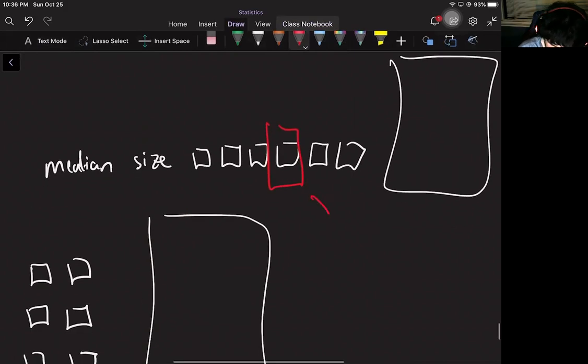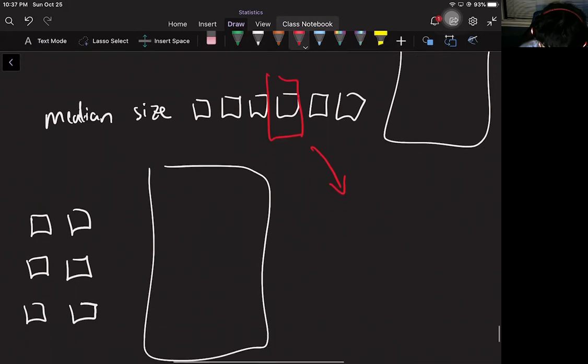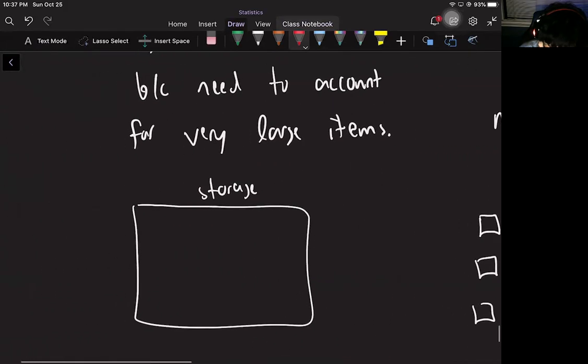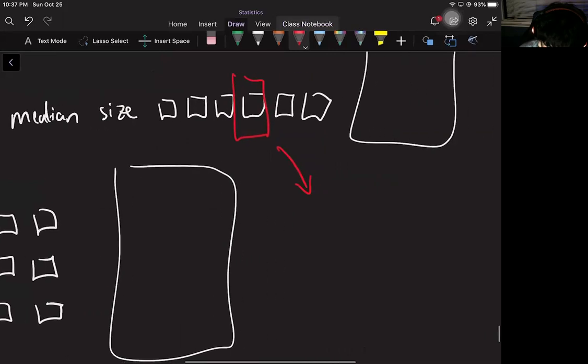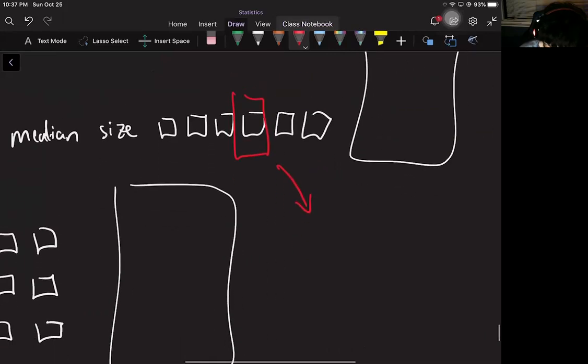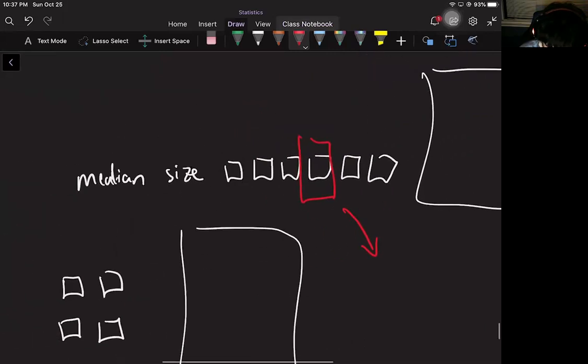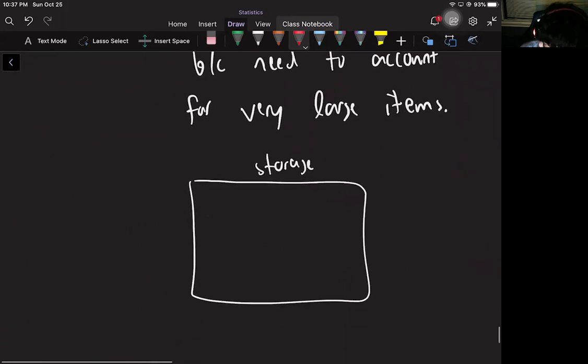So then you say, oh, okay, that means on average, my boxes are this big. So I should be able to fit everything inside. But that's obviously not going to work because you're going to have this giant one that won't fit. So that's the idea of when the median would actually be very bad.